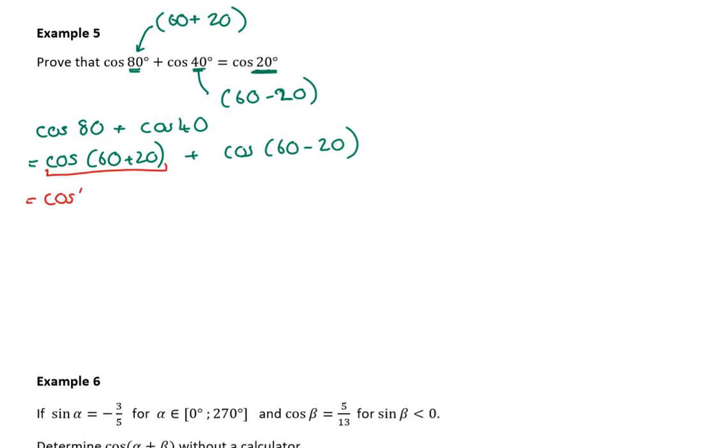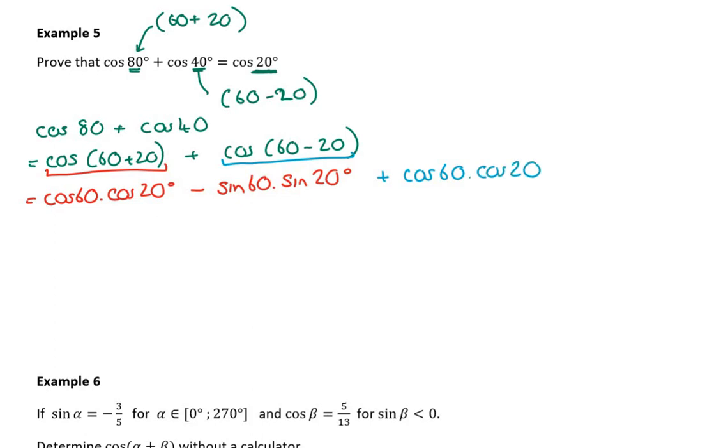So it's cos the first angle, cos the second angle, minus sine the first angle, sine the second angle. Next one, again an identity. So this is now plus cos the first angle times cos the second angle plus sine the first angle times sine the second angle.